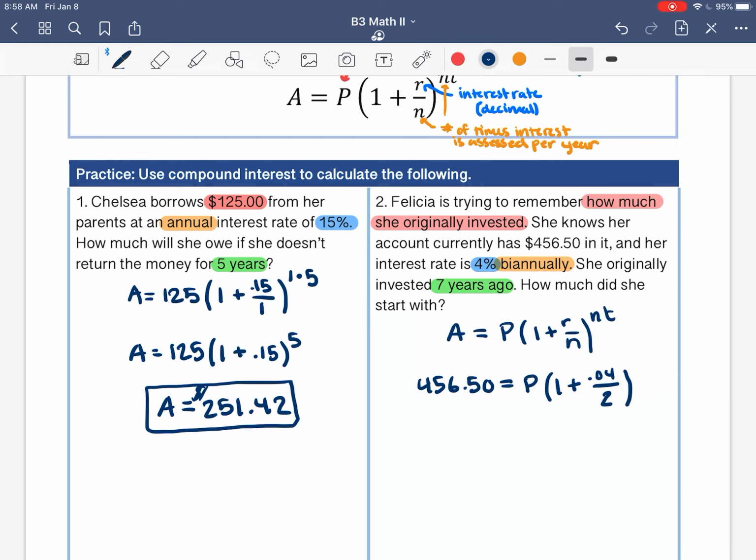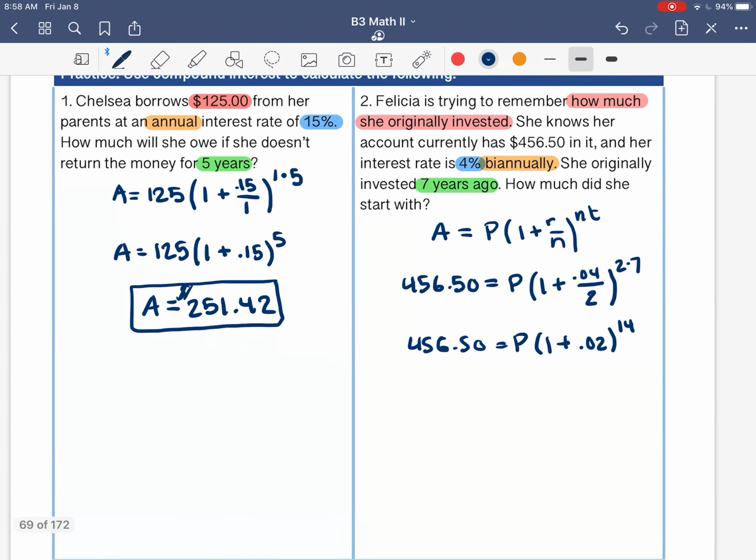And biannually is twice, so 2, and then 2 times 7 up there. And before we plug anything in, I'm just going to simplify. 1 plus, oops, missed the 1 there, 1 plus 0.02, and then up here is 14. 2 times 7 is 14.